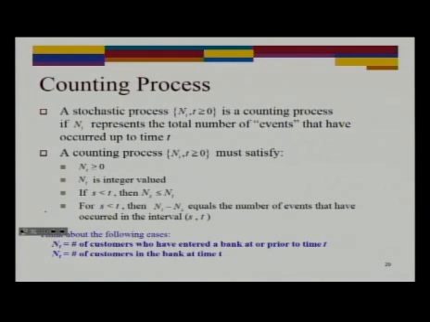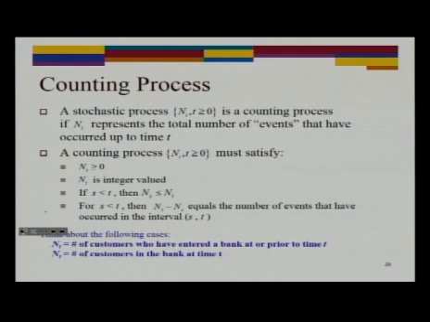For example, a local bank opens at noon, and 10 people have entered the bank by 1 o'clock in the afternoon. The total number of people who entered the bank by 2 o'clock is 15. Then the last condition says 15 minus 10, which is 5: 5 people have entered the bank between 1 o'clock and 2 o'clock.